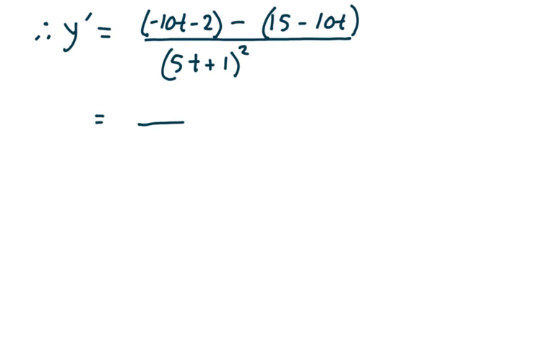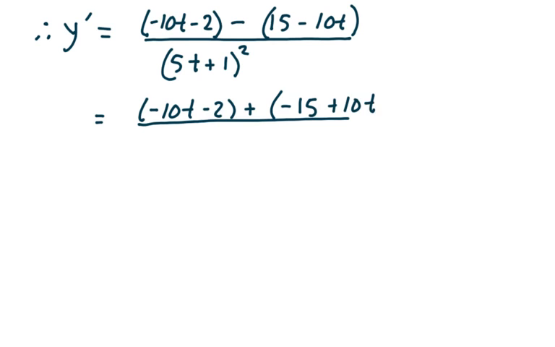And so, if you notice, I'm going to get the following. Negative 10t minus 2 plus. Now, I'm going to distribute the negative in, and I'm going to get negative 15 plus 10t. So when you distribute the negative inside those parentheses, you change the sign of the terms within those parentheses.